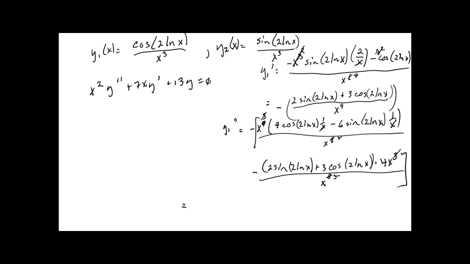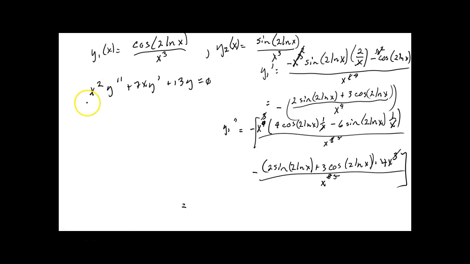Let's just show it works for y1, and then we'll say that because y2 is very similar, it's going to work for that too, because the second derivative of a sine flips it around to the same thing as cosine. So x squared times that will give us an x cubed in the denominator, because the denominators here are x to the fifth and we multiply them by x squared.